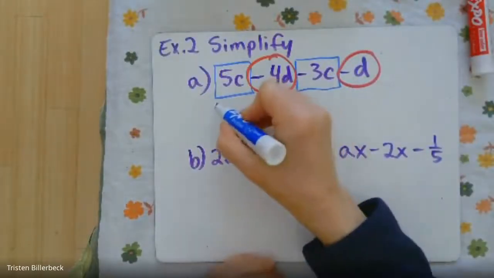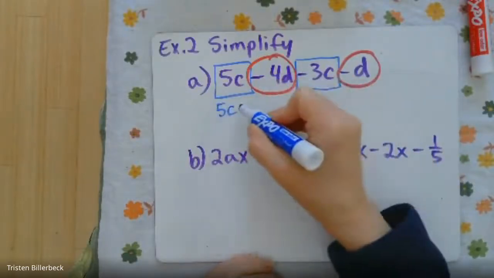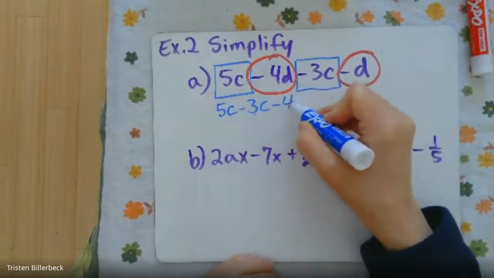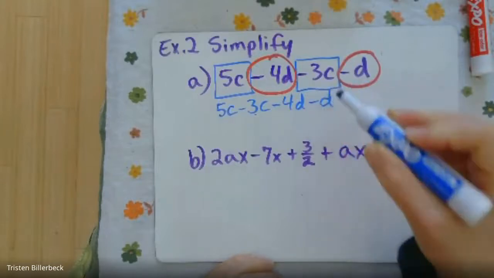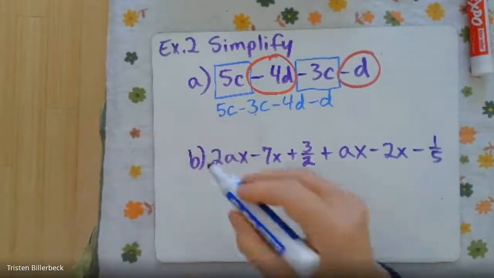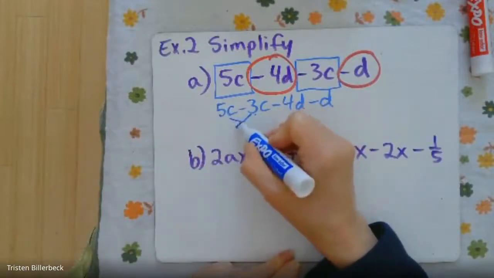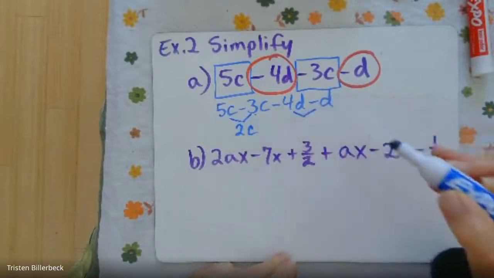Okay, so we have 5c minus 3c minus 4d minus d. So 5c minus 3c, 5 minus 3 is 2. So we have 2c, and then we have same sign sum.